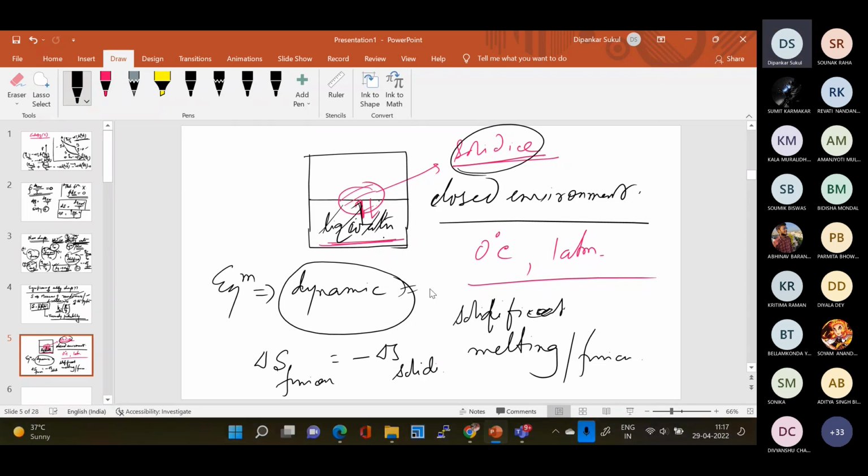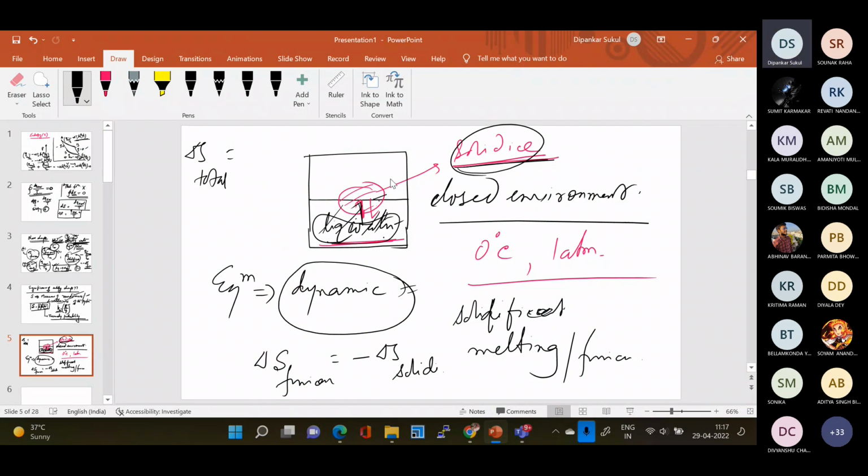Hence, what is the total entropy change for this two-way process? That is the entropy change for the total system plus surrounding. If I consider liquid water as the system, then your solid ice will be the surrounding, because I have considered a closed environment. That means it is not interacting with anything else. There is only liquid water and solid ice which are in contact, and these two are interacting among themselves.